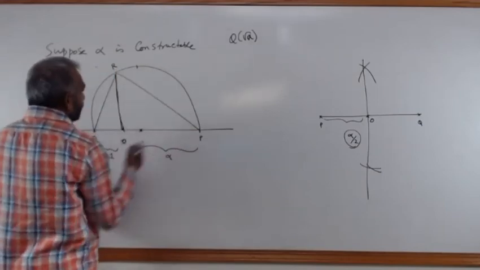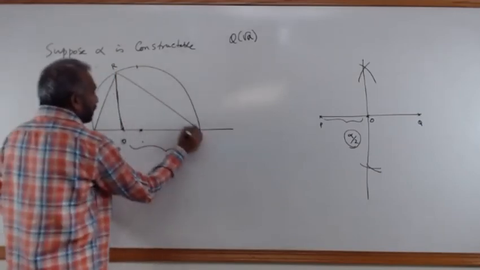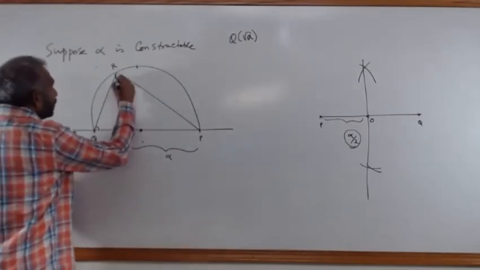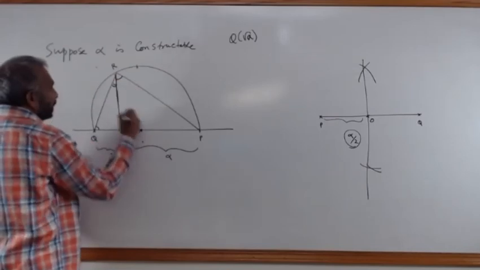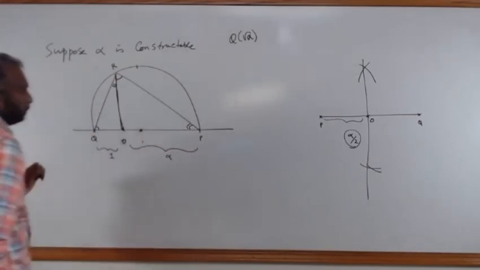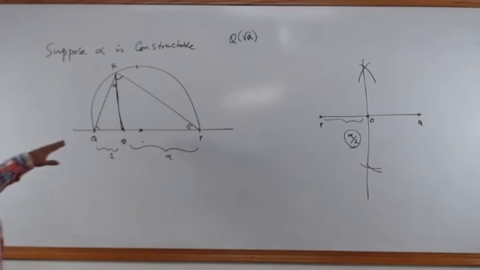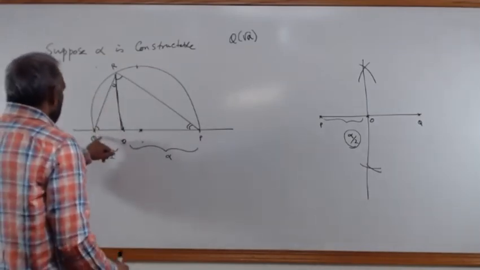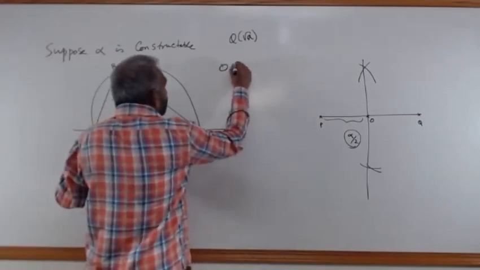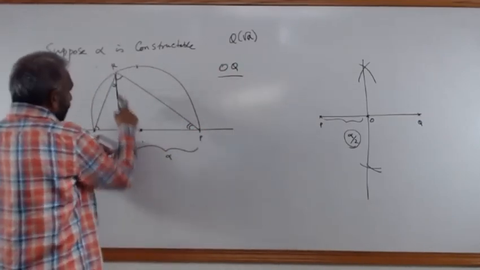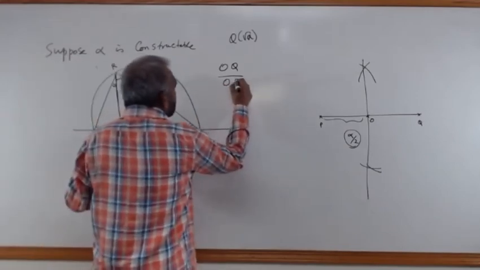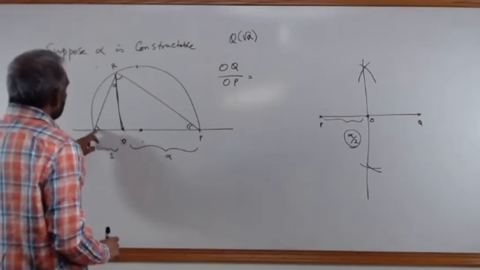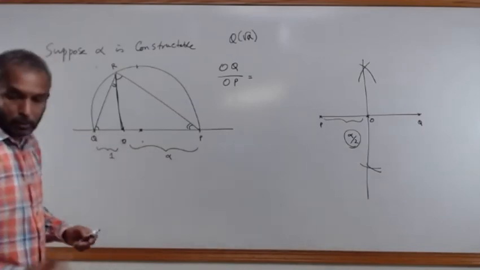So if you join, these two triangles are similar. Actually, this is equal to this, and this angle is equal to this angle. These two are similar triangles. So OQ by OP is equal to... not OQ, I'm sorry.